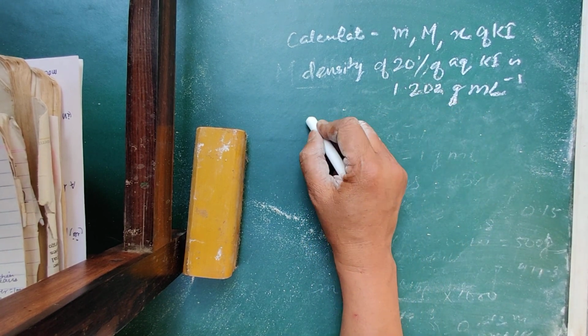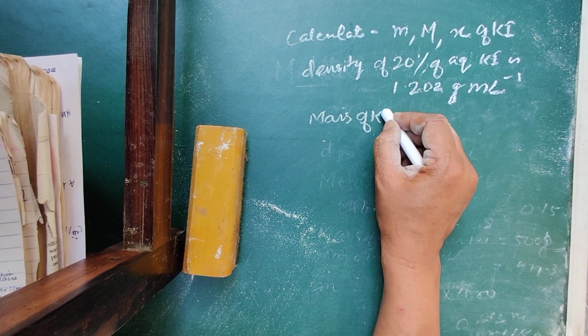So if 20% is given, means mass of KI will be equal to how much?